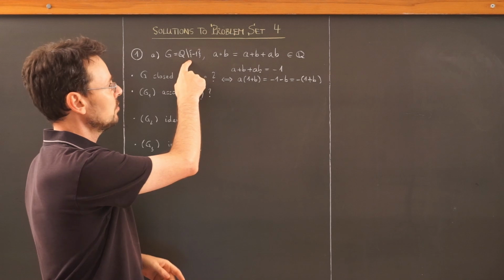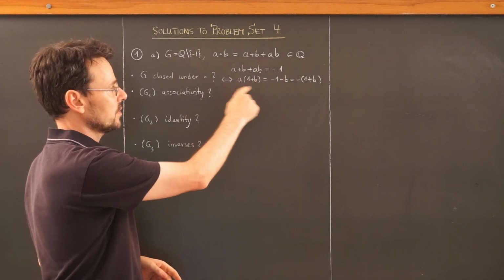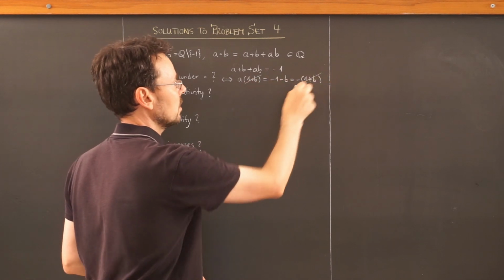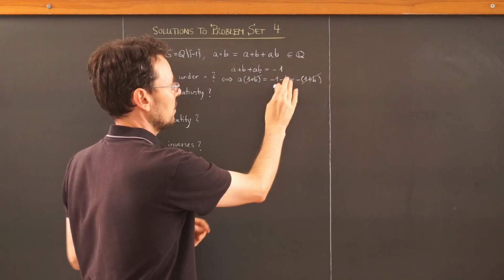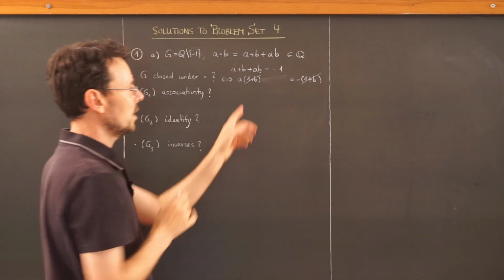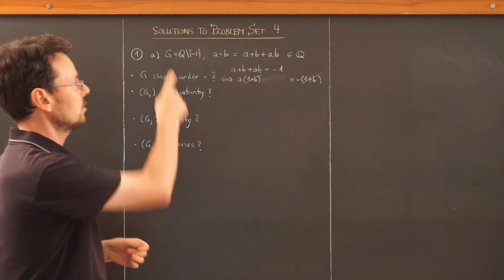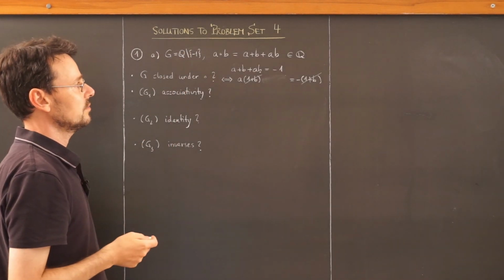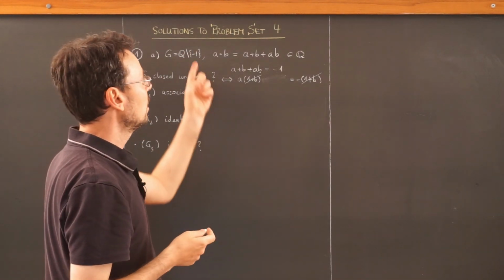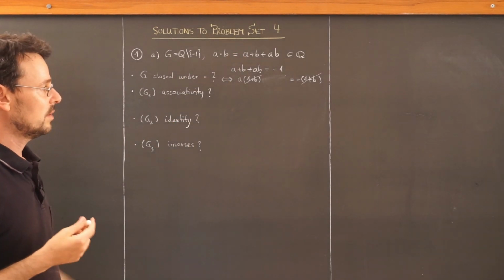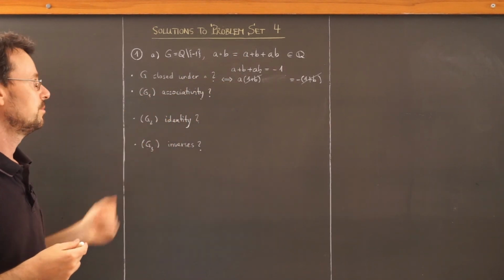Now by assumption b is not equal to -1, so I can divide by that. And I would end up with a equals -1, which is a contradiction because a also is from this set. So indeed, this set is closed under this operation. But there was some work to do.